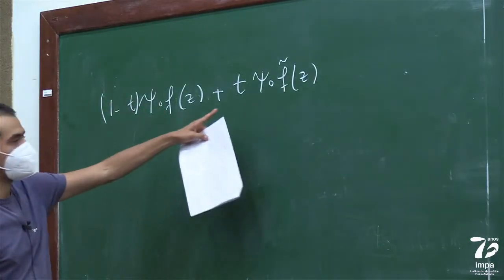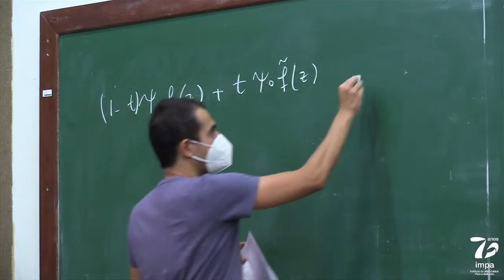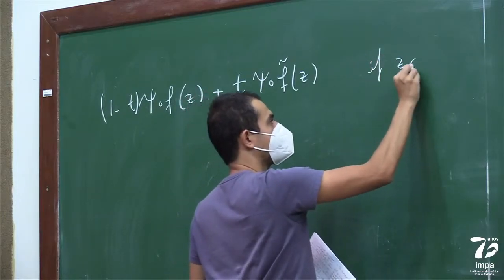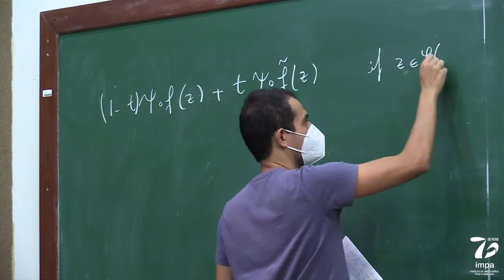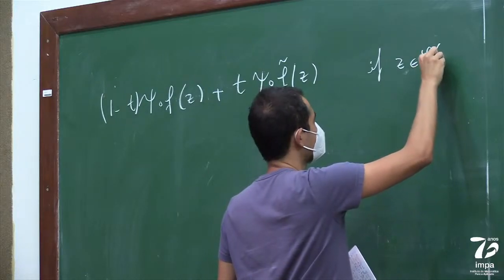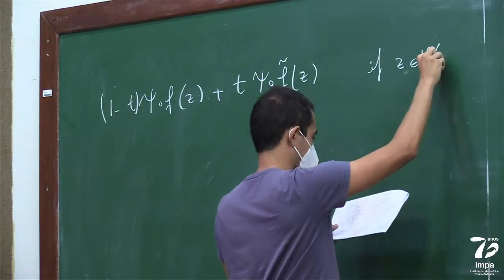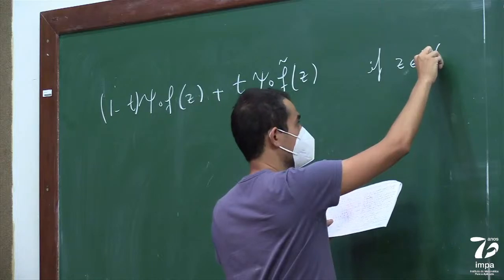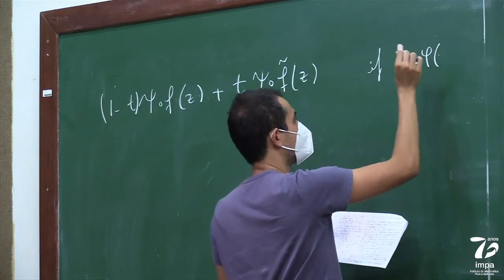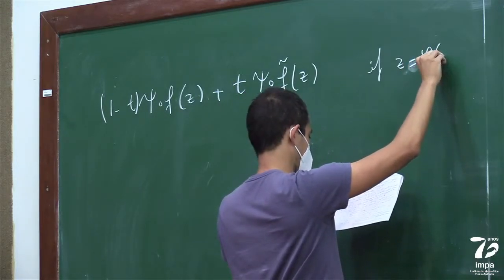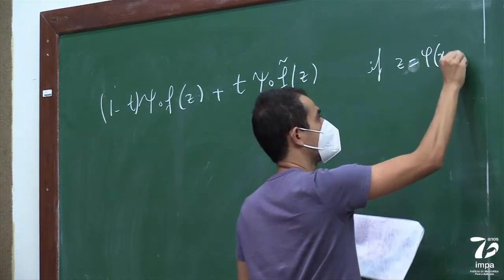So I can do this thing. This is if z is in the cylinder, if z is equal to phi of xu.